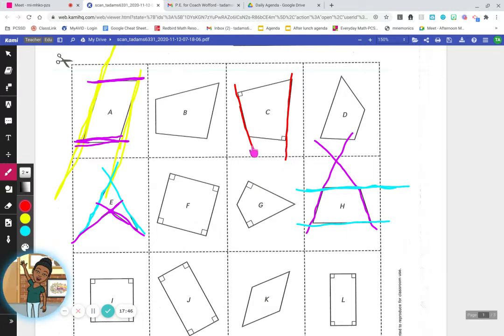But moving on. Look at each side. Okay, if we kept going, do you think that these lines would meet? Yes, they would. If we kept going with these lines, they would intersect. What about the other sides?